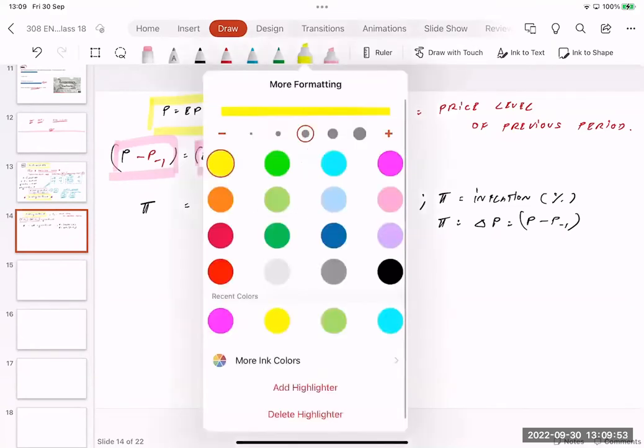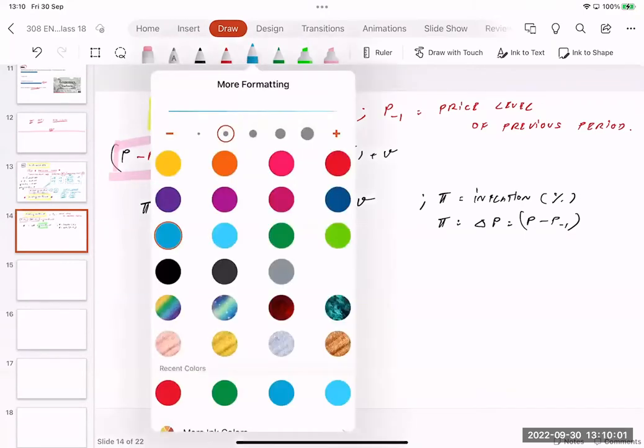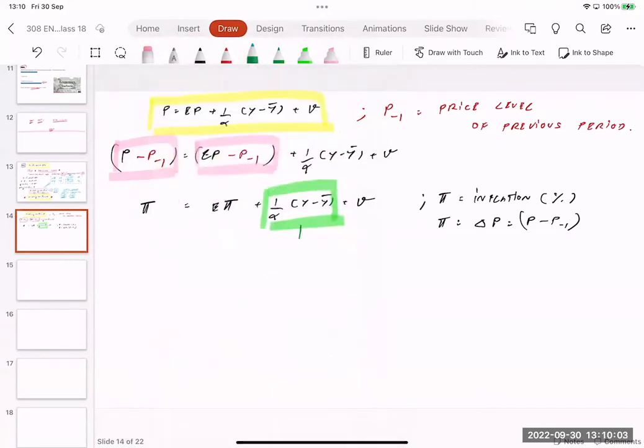And then after that, we're going to focus on this one, 1 over alpha and Y minus Y bar, okay? This term, 1 over alpha multiplied by Y minus Y bar, we're going to apply the concept of Okun's law over here.